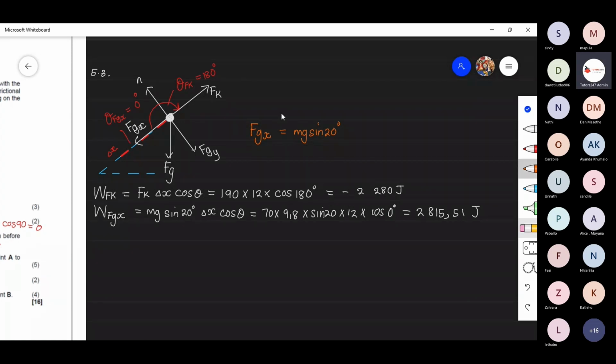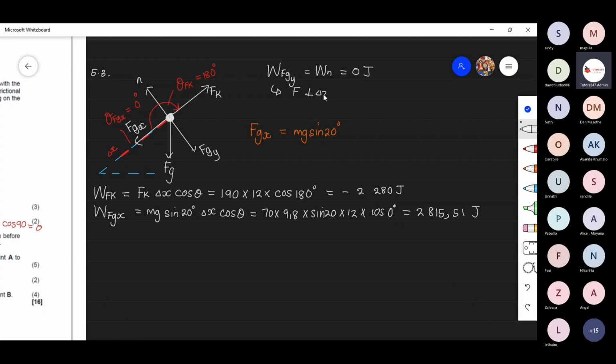So work done by Fgy is the same as the work done by normal force, which is 0 newtons. The reason behind that is because those forces are perpendicular to displacement.